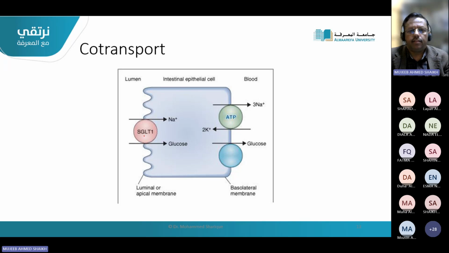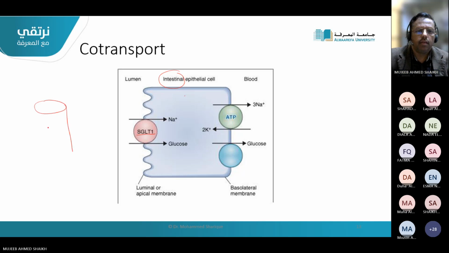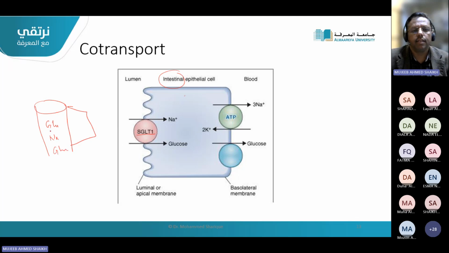Here, the channel name is SGLT1. This is the intestine. The cell is an intestinal epithelial cell. On the luminal side, this is the lumen, and here is the cell. So glucose and sodium are there when we eat. They are present in our diet.